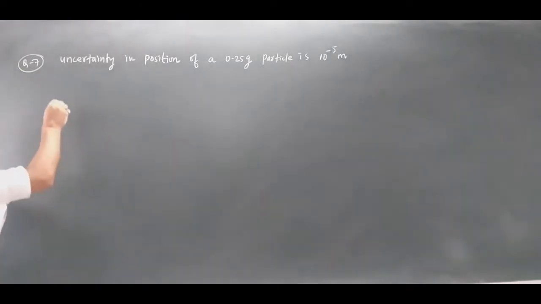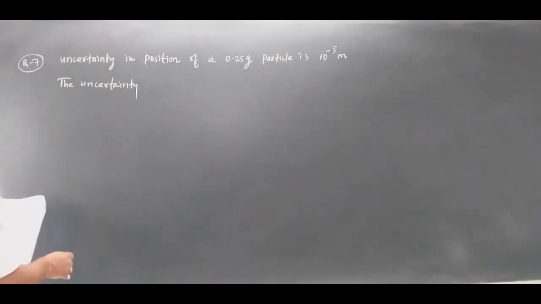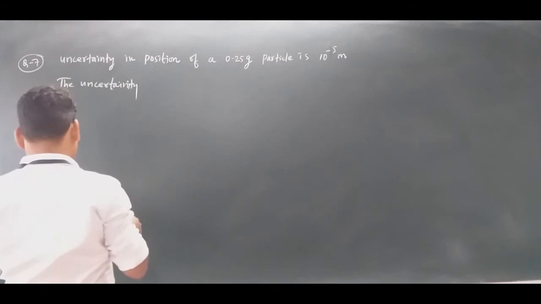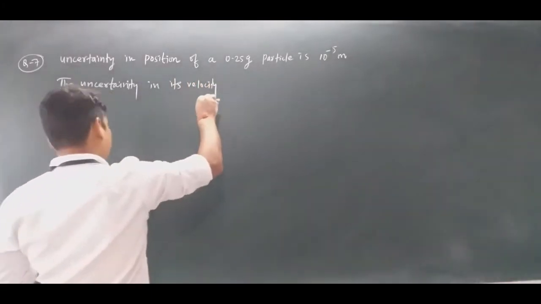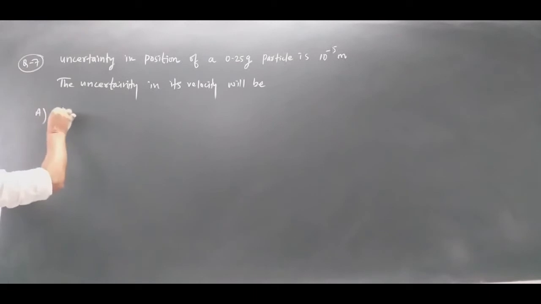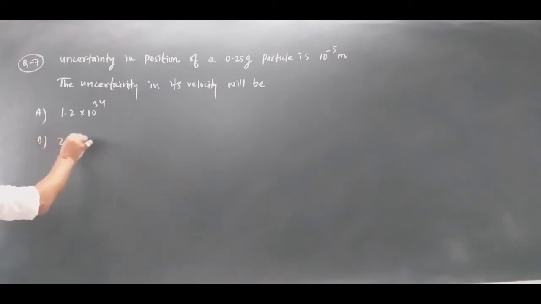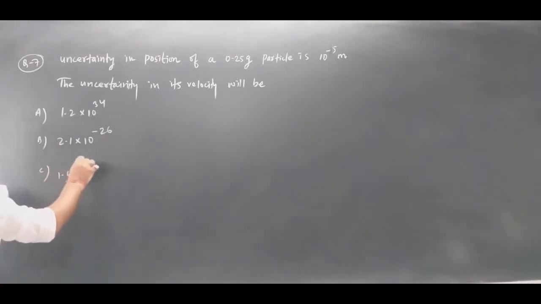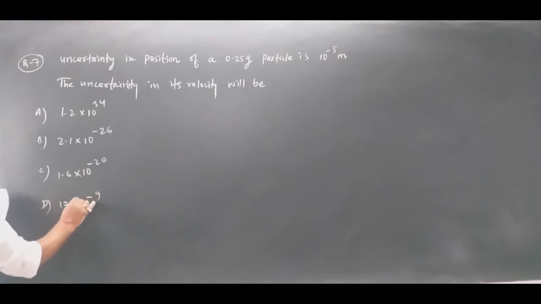The uncertainty in its velocity will be: A, 1.2 into 10 to the power 34; B, 2.1 into 10 to the power minus 26; C, 1.6 into 10 to the power minus 20; and D, 17 into 10 to the power minus 9.